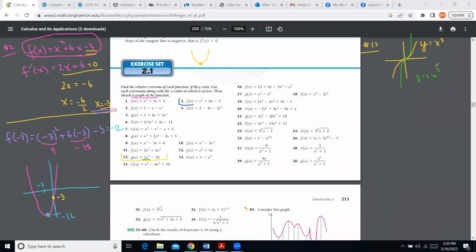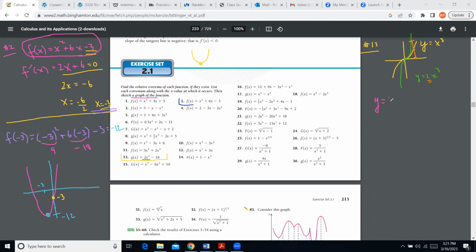So the shape of that curve is going to be similar, but it is actually twice farther away from my x-axis, because I have 2 times x cubed. So people say sometimes the graph is contracted. It got closer to the y-axis.